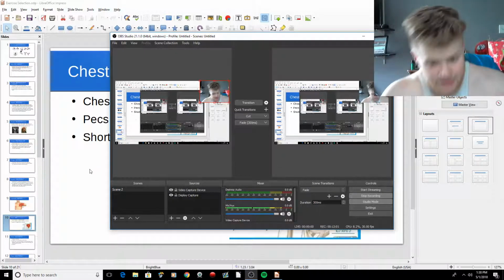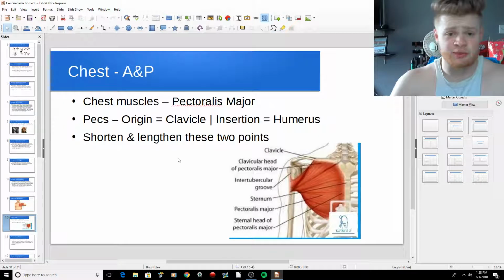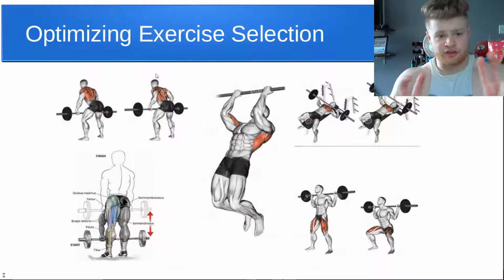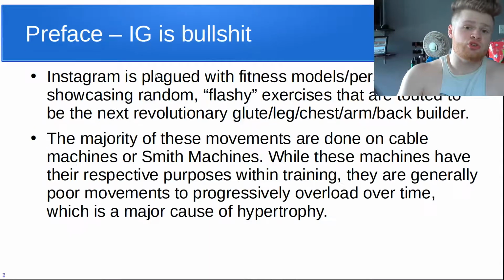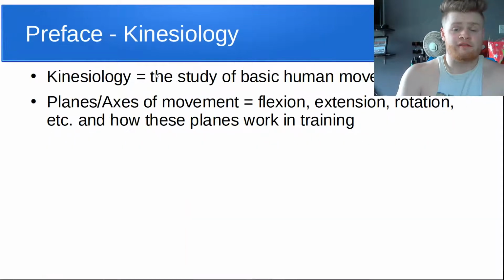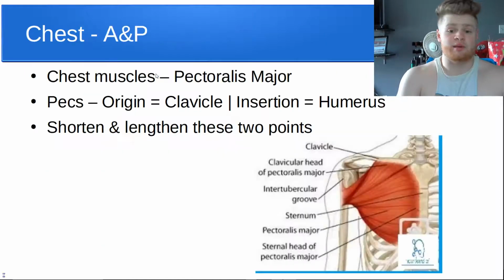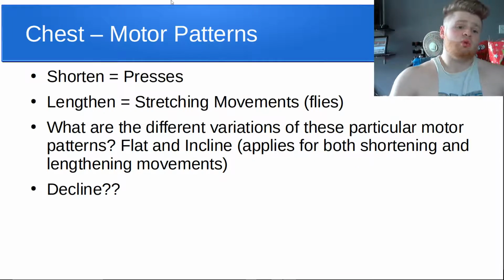So what that tells me, in order to maximally hit the chest from all different angles, is we need to do incline movements, flat movements, and decline movements. And within those three planes of movement, incline, flat, and decline, we need to shorten and lengthen the muscle within those motor patterns.